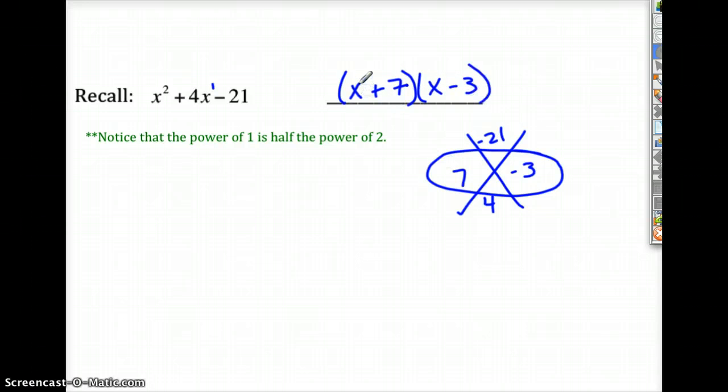Because if I were to FOIL, the first would be x times x, which would be x squared. So when we factor it down, we put x with the powers of 1. In other words, the middle power is what starts our groupings for factoring, okay?